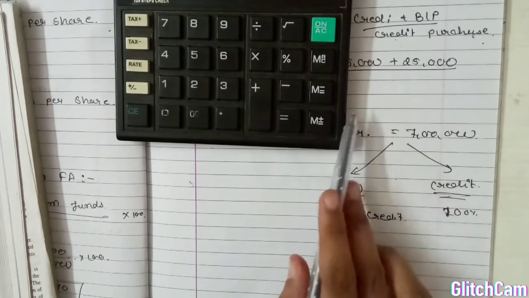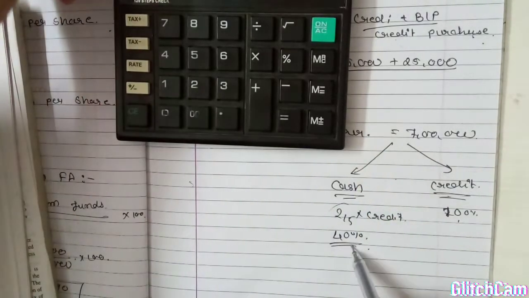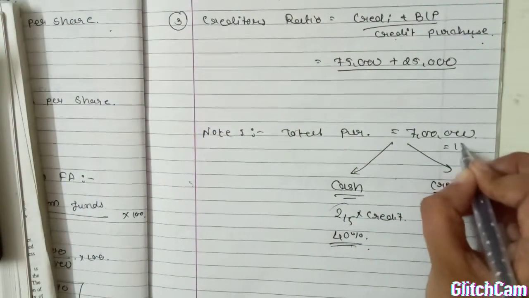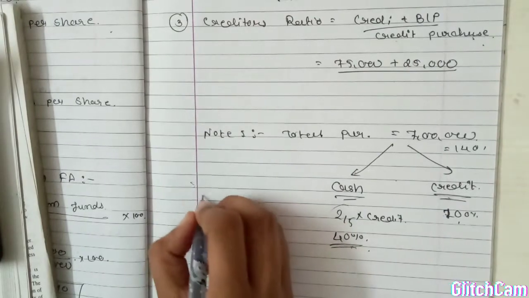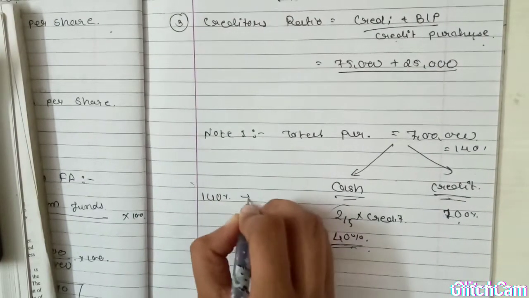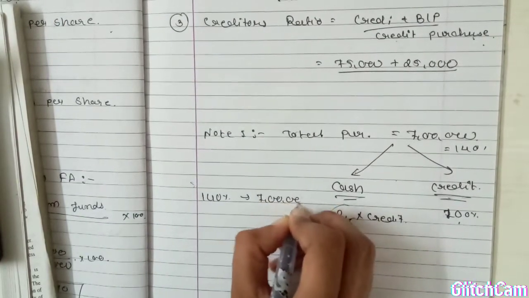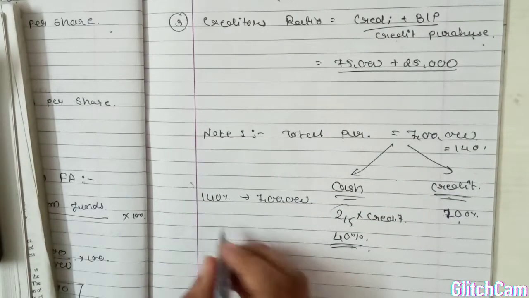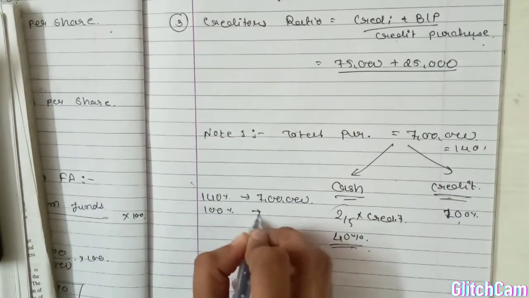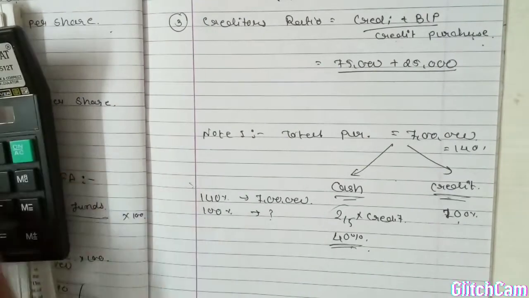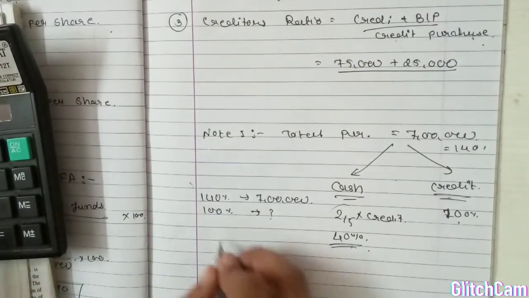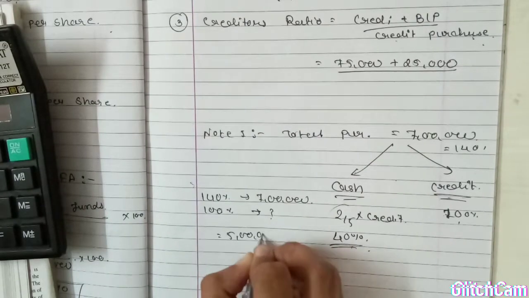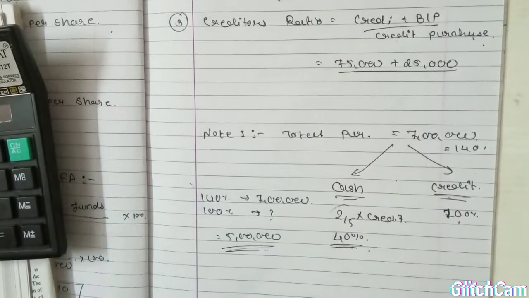So total purchase will be 100 plus 40%, it will come 140, right? So at 140 percent, the total purchase will be 7 lakh. Then at 100%, what will come? So 7 lakh into 100 divided by 140, it will come 5 lakh, right?